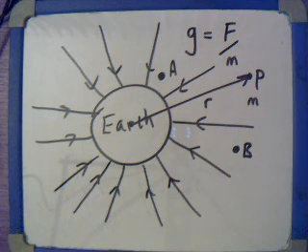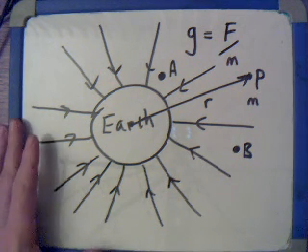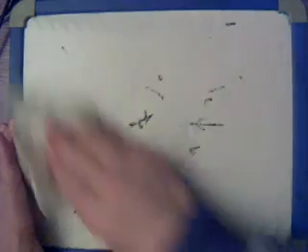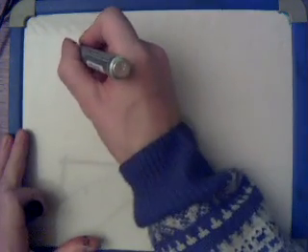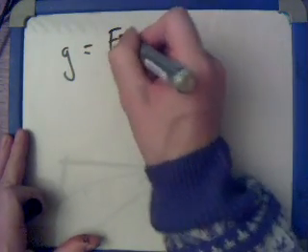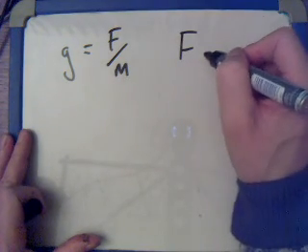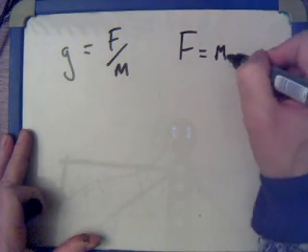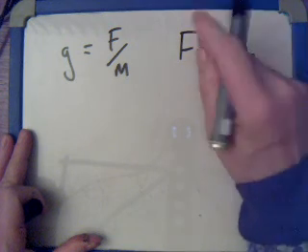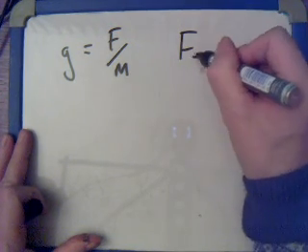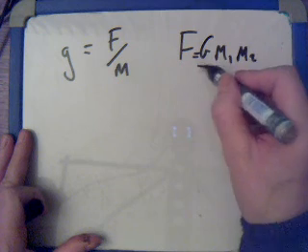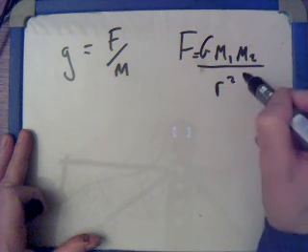Okay, now let me rub this off because it's a bit busy, and there we go, we have field strength g equals F over m. Now if you remember, F was equal to m1 m2 times G divided by r squared.